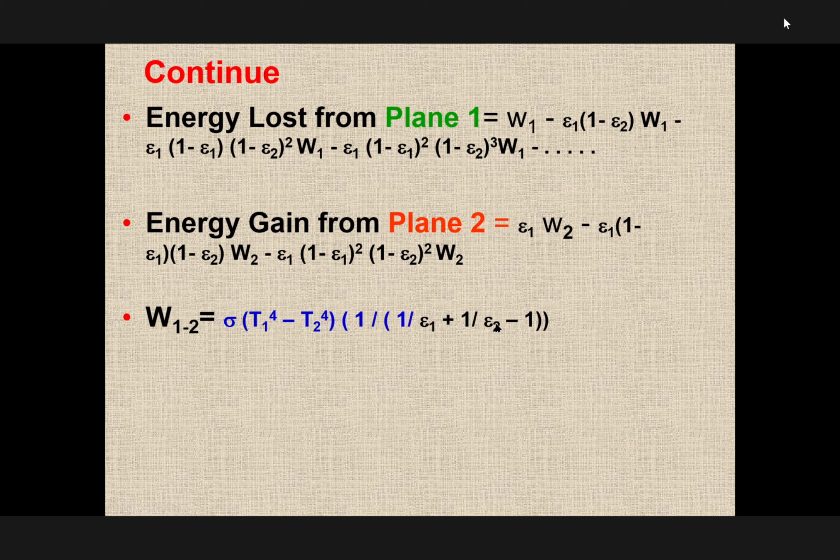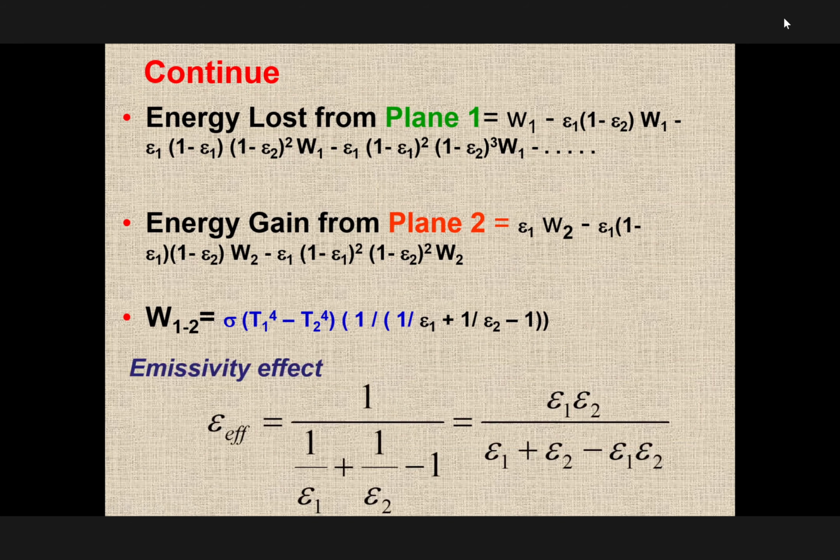Now, if I have two surfaces and none of them are black, I can look at the effective emissivity of these two, okay? And this is the effective emissivity, you have seen it before. Look at here, we're talking about the effective emissivity of surface 1 and surface 2. This we can calculate as the net effective emissivity. Now we have an equation that we can use to calculate the net energy exchange when the surfaces are not black, if they are gray.